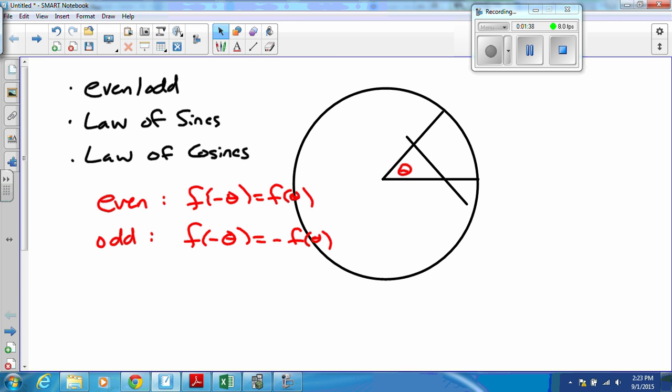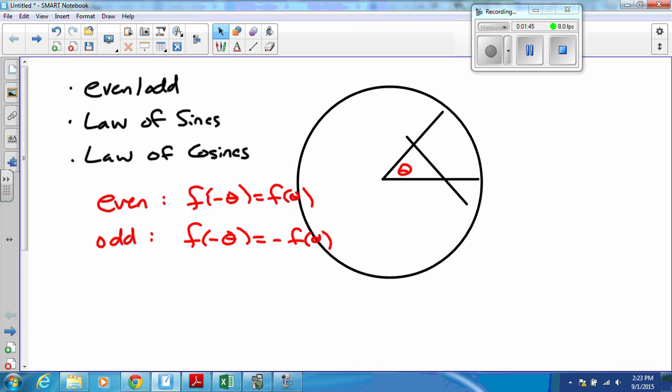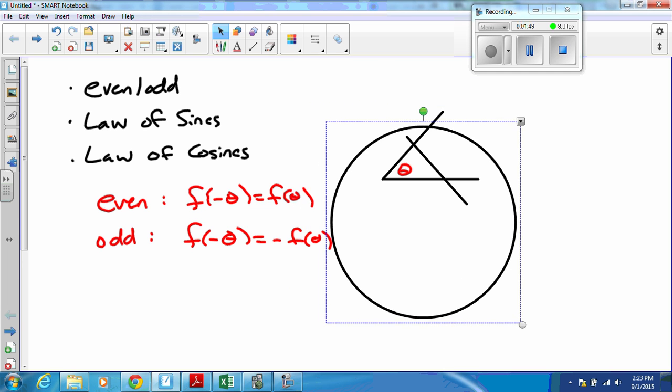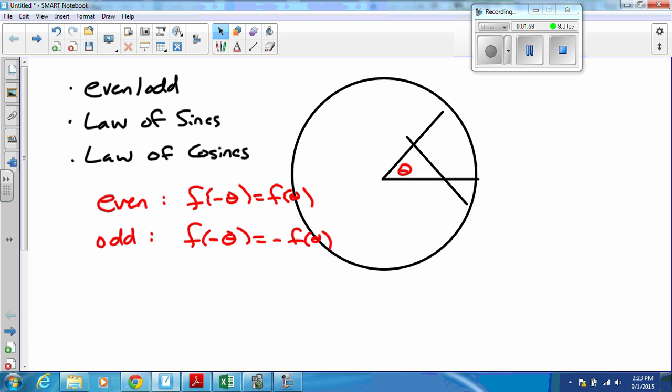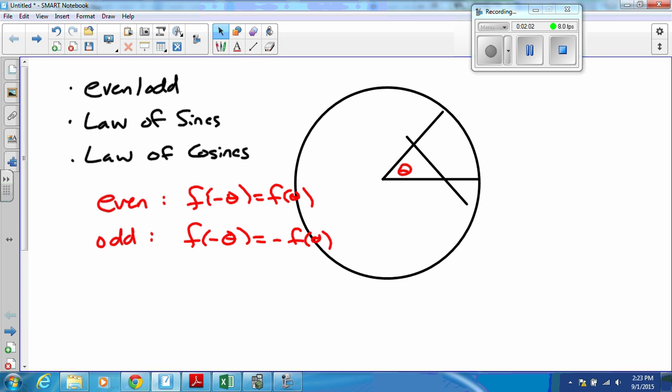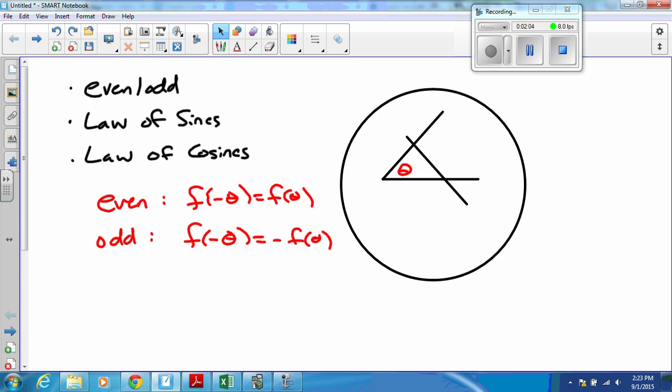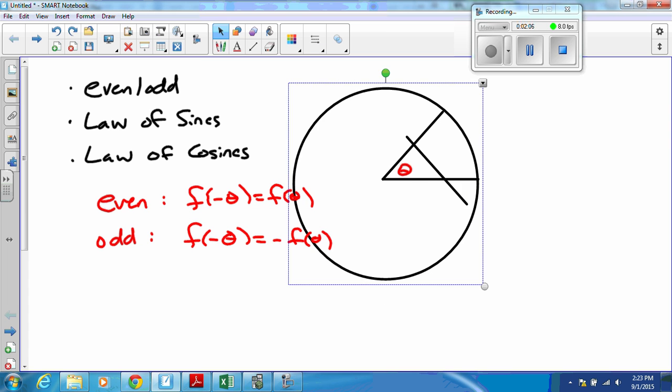At least we will if we can get the angle theta to behave, which is not doing so. Come on. You silly angle. It's unbelievable. All right, well, let's try this again. We will put the angle back.